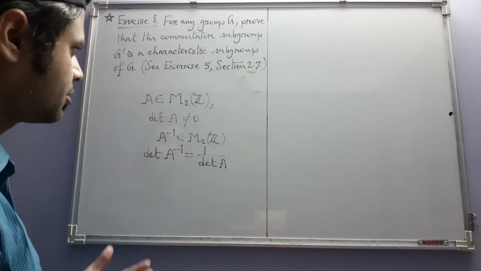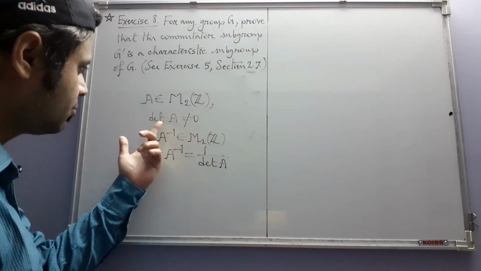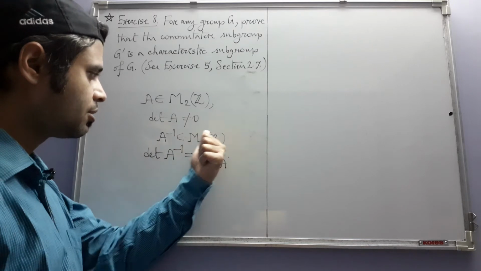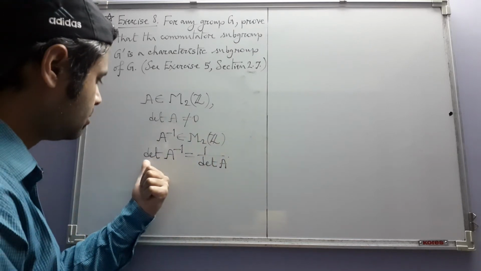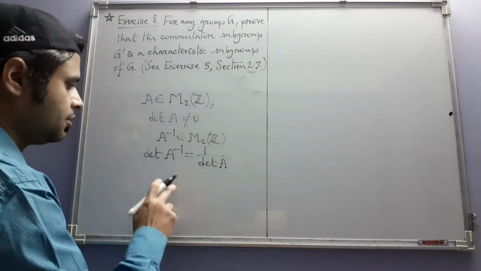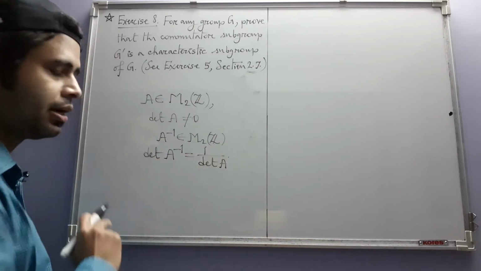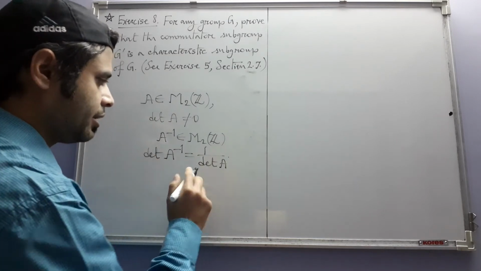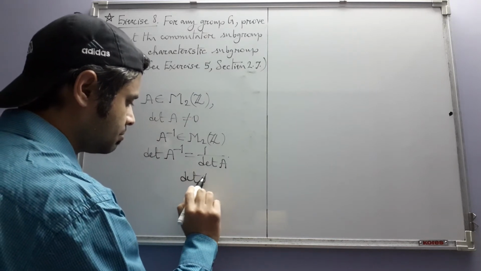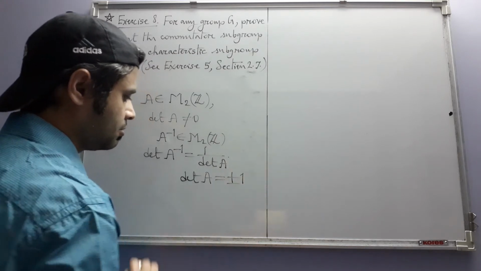Now additionally, determinant of A is a non-zero integer, and because A inverse belongs to this ring again, determinant of A inverse is also an integer. So that means 1 over determinant of A must be an integer, and that is possible in only one case, when this is either 1 or -1.